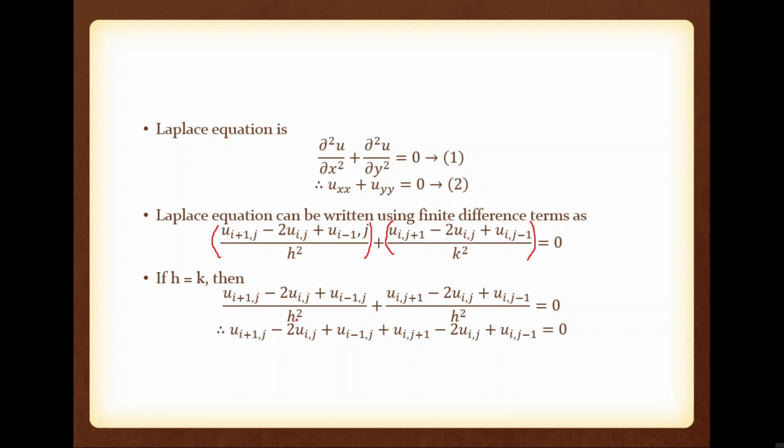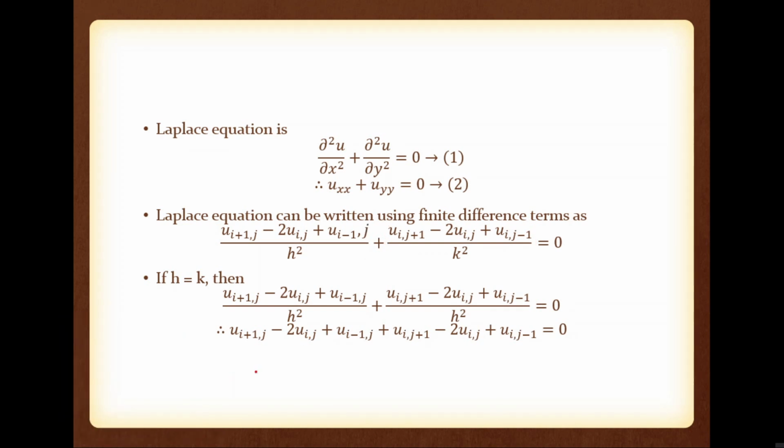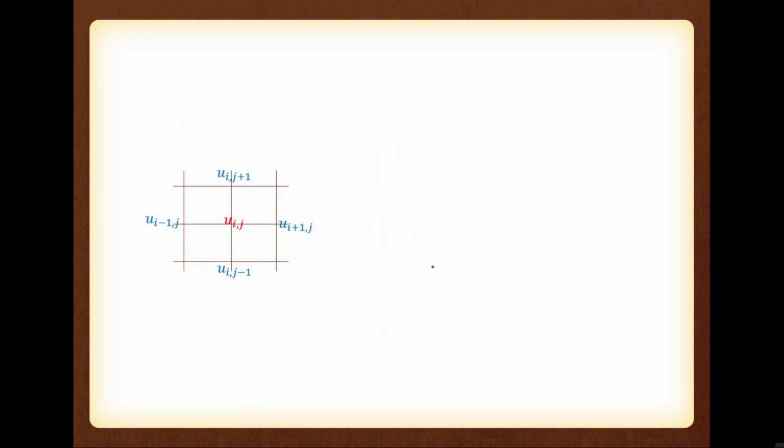Please note, we simply remove this h square, so we have the numerator only. So here these two are same, minus 2 u(i, j), so we can combine these two. So finally we have the equation u(i plus 1, j) plus u(i minus 1, j) plus u(i, j plus 1) plus u(i, j minus 1) minus 4 u(i, j) equal to 0. Okay.